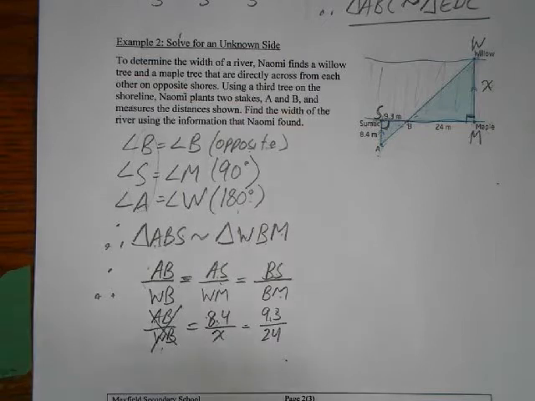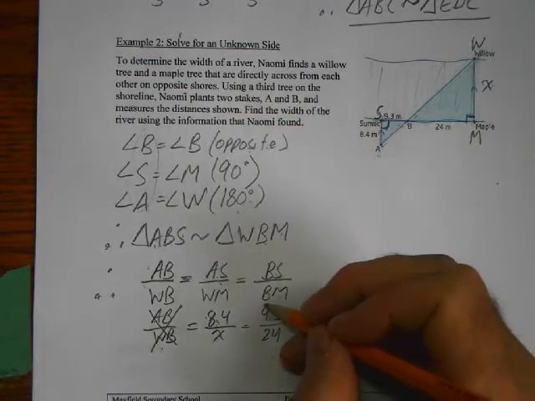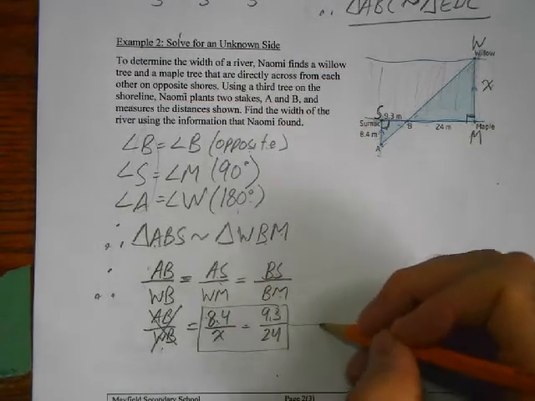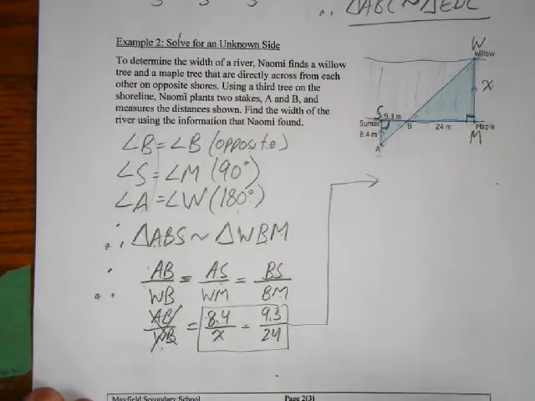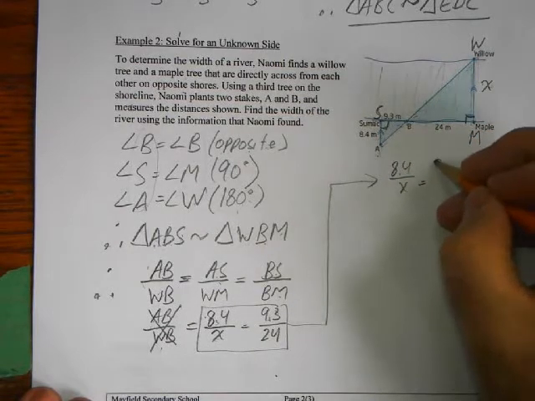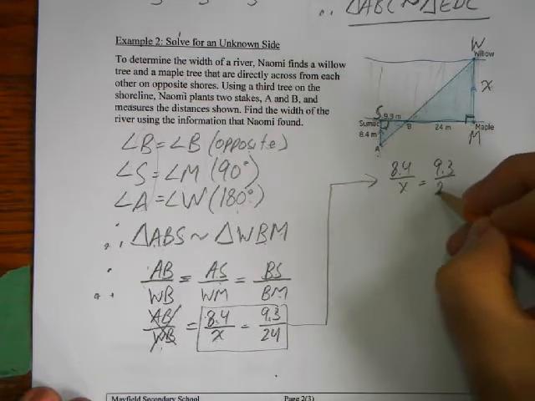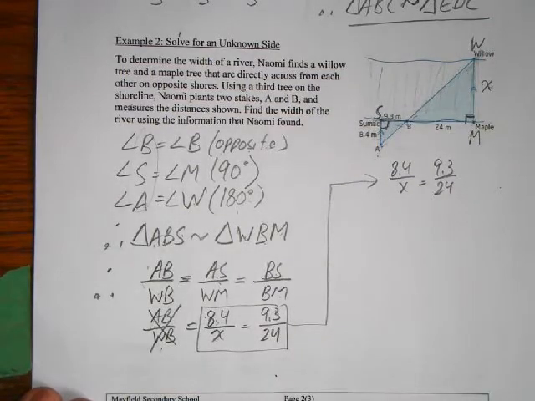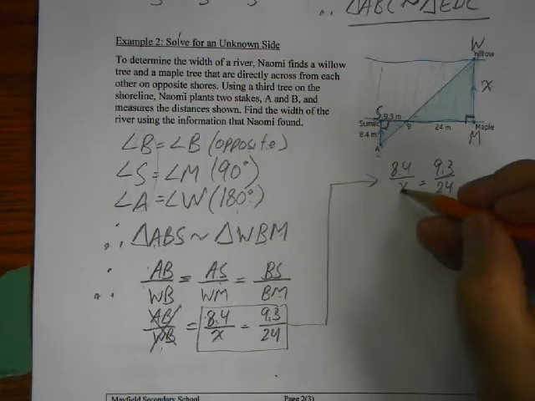So we're actually going to be able to solve for x. Okay, so I'm going to take these two ratios, that little mini equation, 8.4 over x is equal to 9.3 over 24. Okay. Now there's two ways you can do this.